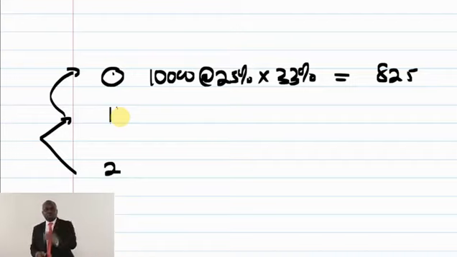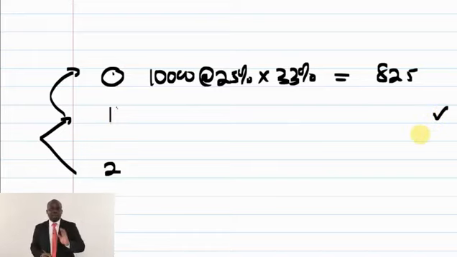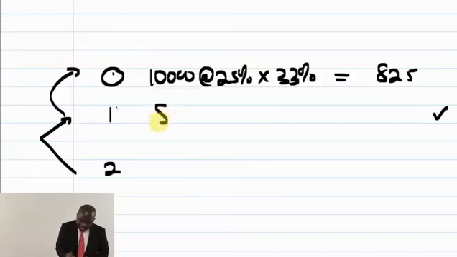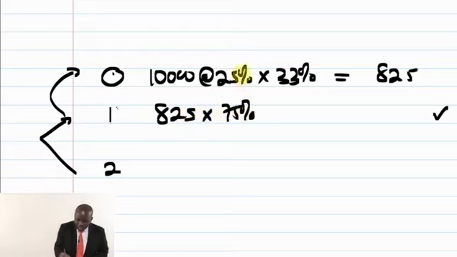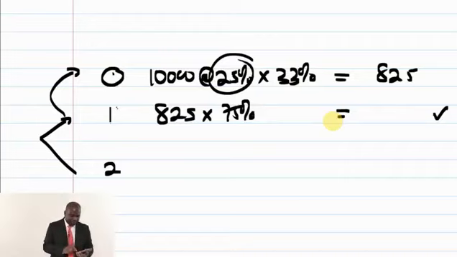And the profit or loss on the sale of the asset will occur at the end of year 2 or when the asset is sold. So you cannot include the balancing allowance or balancing charge in year 1. The only thing you can move forward is the capital allowance we are claiming. So straightforward, I can say 825 multiplied by 75% because this is reducing by 25%. It should reduce to 75%. So 825 times 0.75 will give you 618.